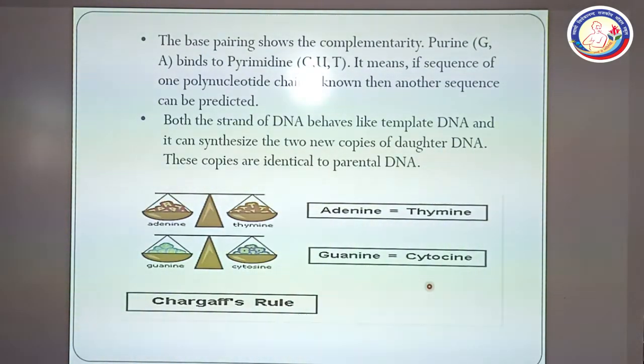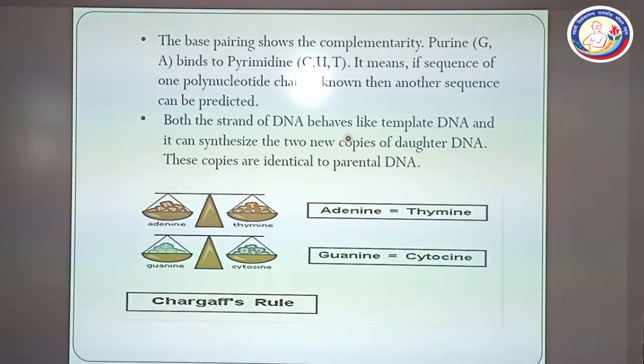Now, the base pairing shows the complementarity. So always G and A, these are the purines, which will bind to pyrimidines. Adenine always binds to thymine and guanine always binds to cytosine. So A-T and G-C will be the combination.